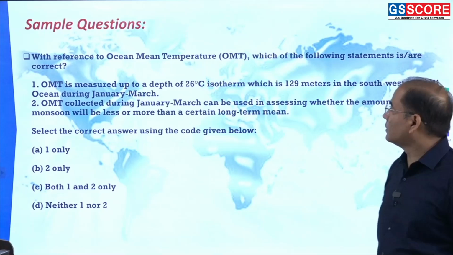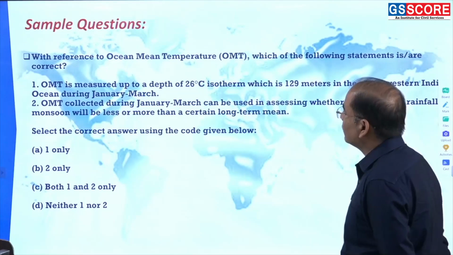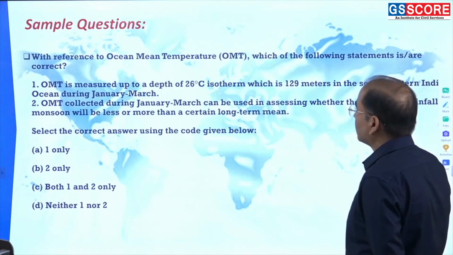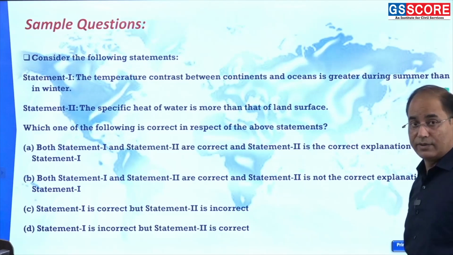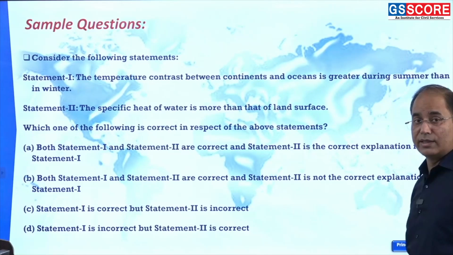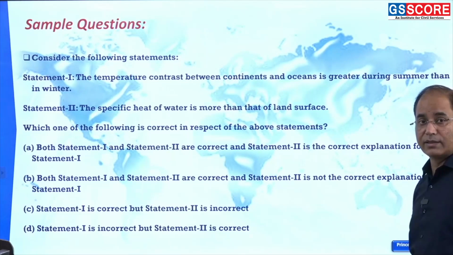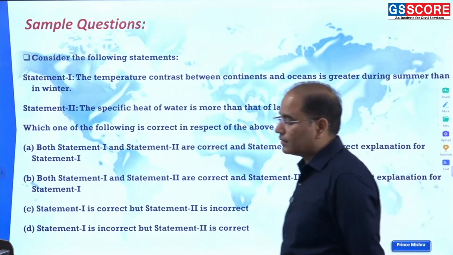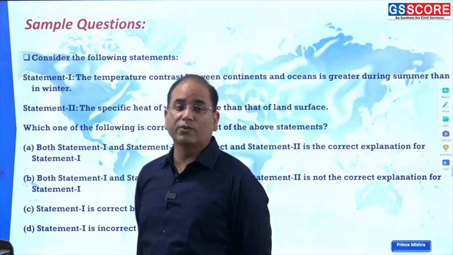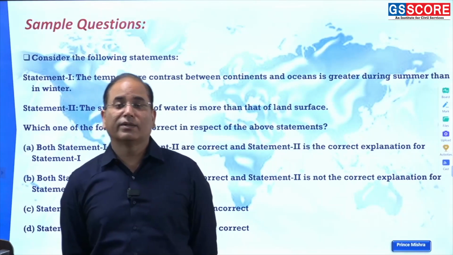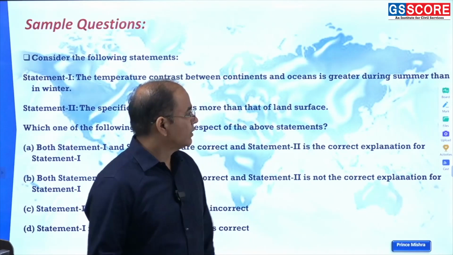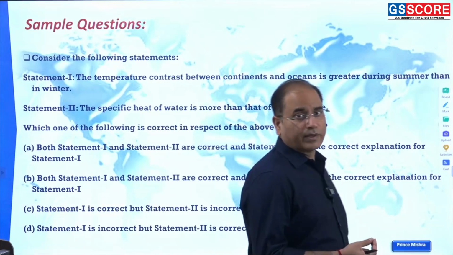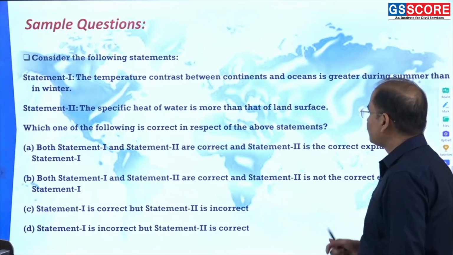Like this question is directly associated with the ocean mean temperature. Then there was a question related to the differentiation of ocean and continents' heating pattern and cooling pattern, because the ocean gets heated slowly and gets cooled slowly in comparison to the continent, mainly because of the specific heat of the water. So, it is very important to prepare the topic of ocean diligently.